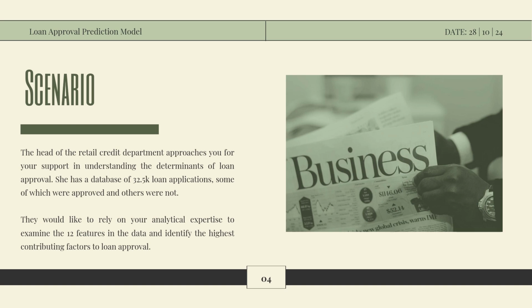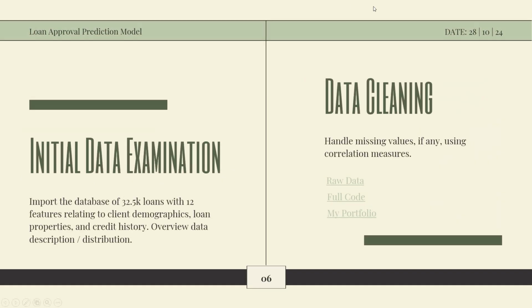So we are going to go through 12 features in the data, basically 12 fields, 12 columns, to see what factors have contributed to loan approval. Of course, initially we have to import the database.